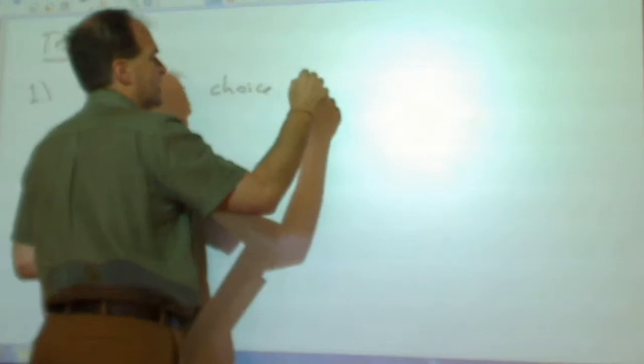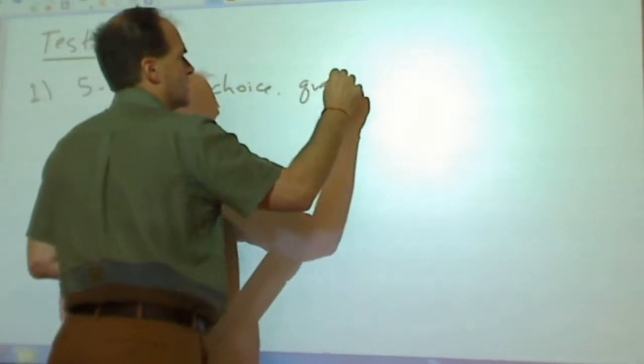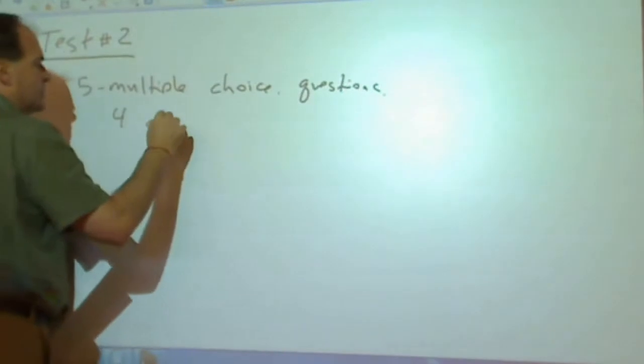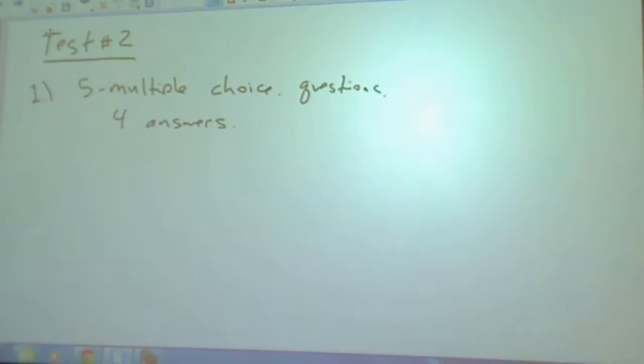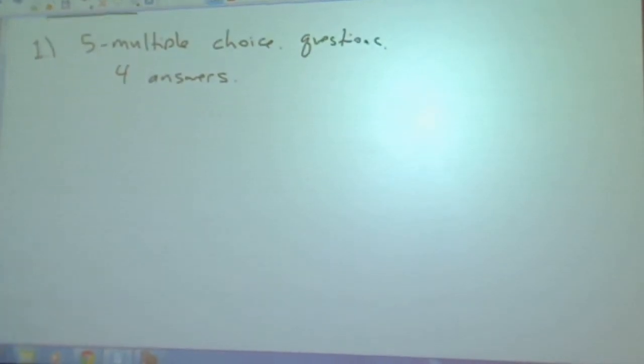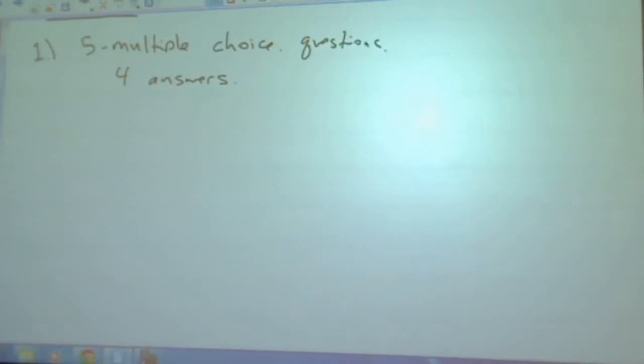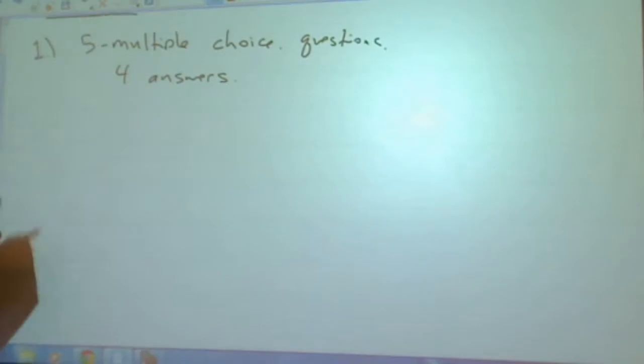questions. You're taking a test. There's 4 answers that you're choosing from for each of the 5 questions. There's an A, B, C, and D, essentially is what it's saying. Okay, what else do they say?